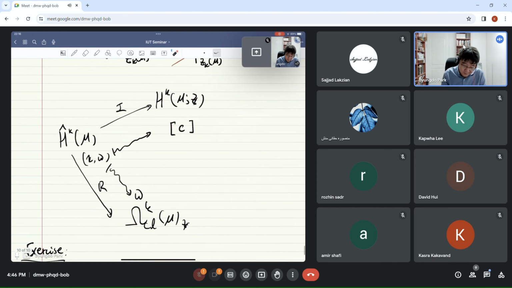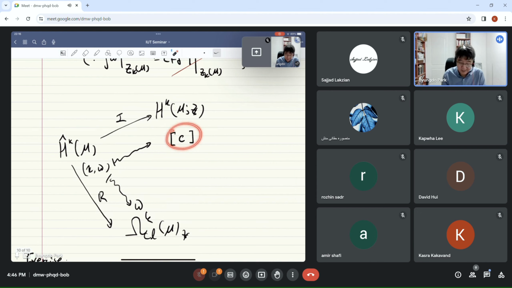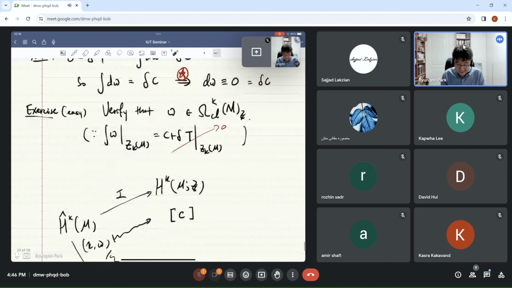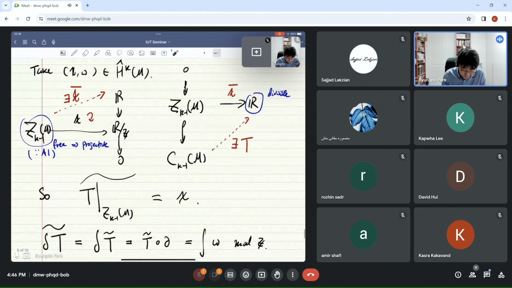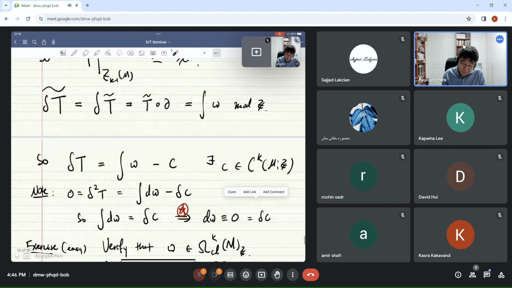So here, when I define this C map, is that independent of choice? Actually, not. It is actually depending on the choice. Here, I chose this lift to figure out what the T means. And only after I know T, then I could figure out what the C is.